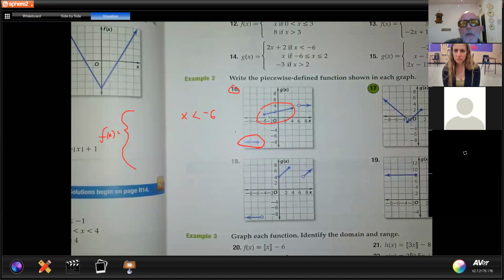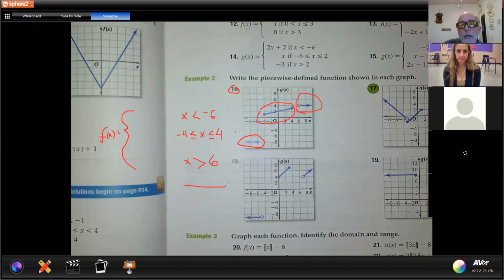This middle graph starts at -4 and stops at +4. So that means it's equal to both of those. There's solid dots at each one of those. And now we're going to look at the one on the right. Look, it starts at +6 and goes to the right. So that's all the numbers greater than +6.